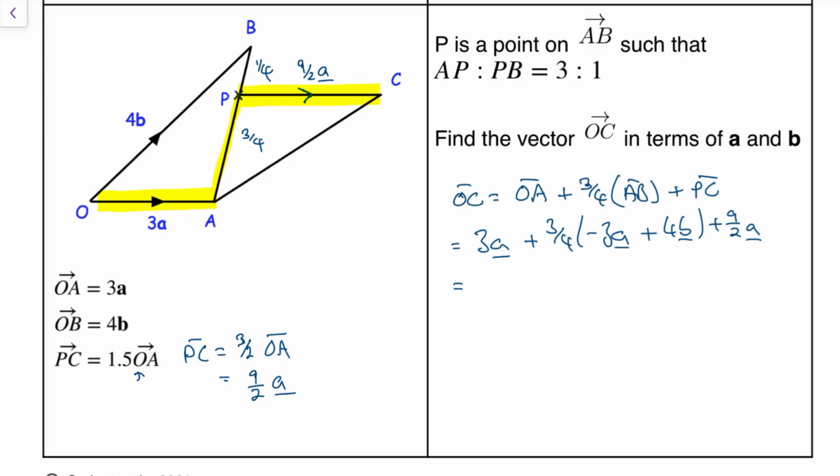So that's going to be 3 minus 9 over 4 plus 9 over 2 a, and then 3/4 times 4b is 3, so plus 3b. Now, if you don't have a calculator, use a common denominator and work it out that way, but I'm just going to make sure I get it right. So 3 minus 9 over 4 plus 9 over 2 is going to give me 21 over 4 a plus 3b. And that's it.